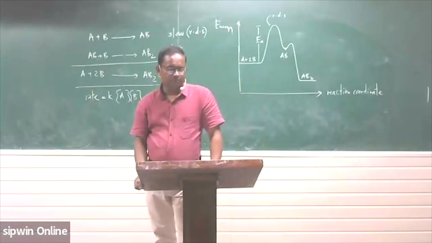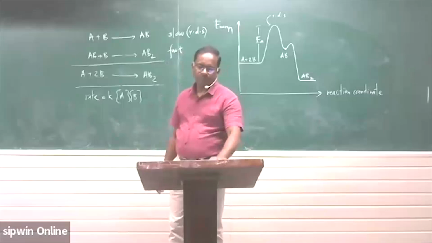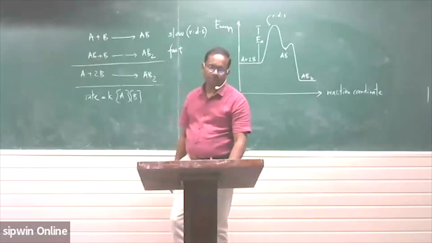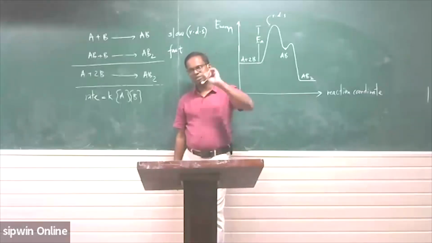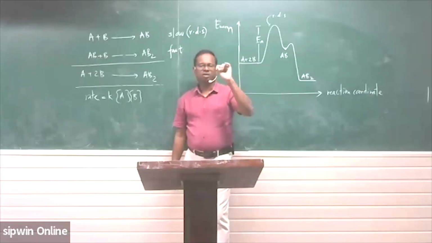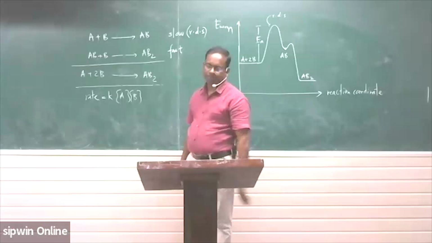If it is a multi-step reaction, we have a number of steps. Then which step decides the overall rate? The rate determining step. Using it, we can produce the rate law, or the rate equation, for the overall reaction.